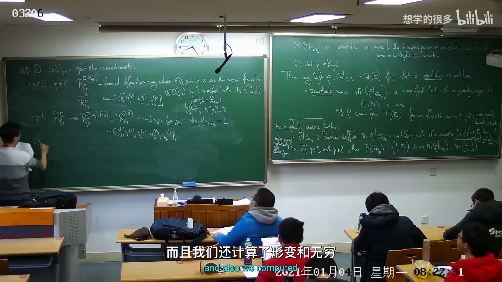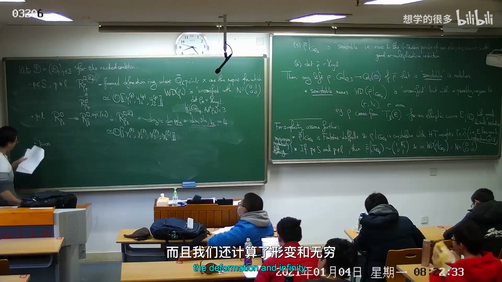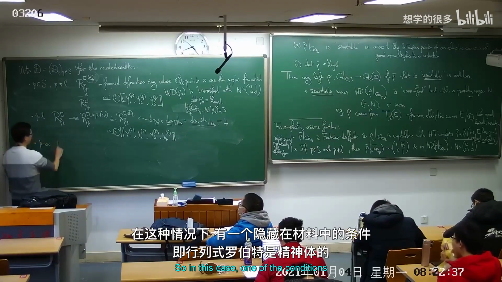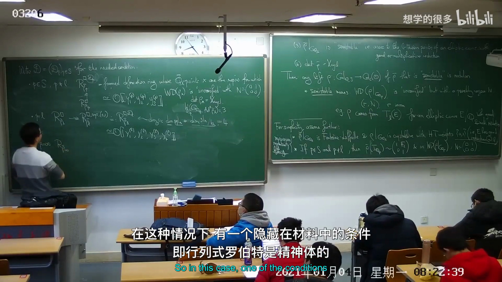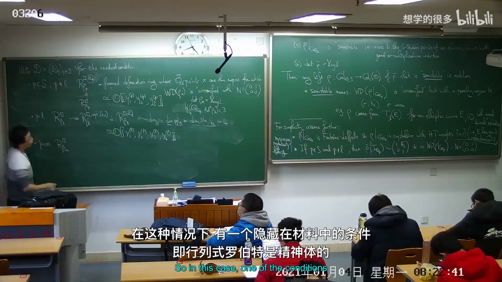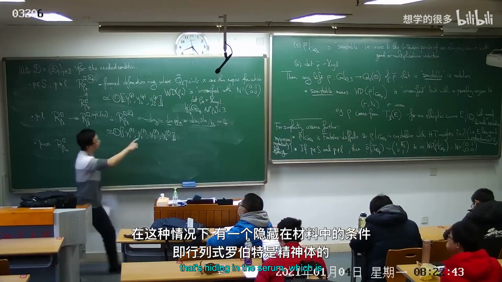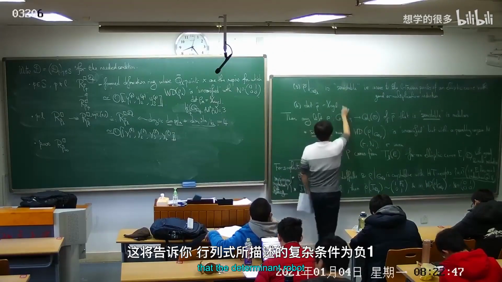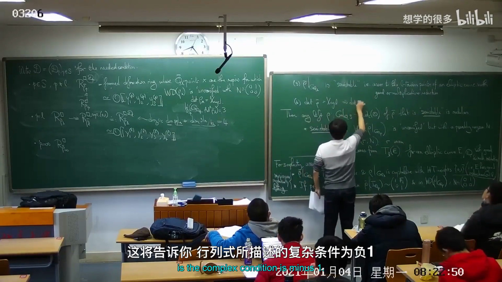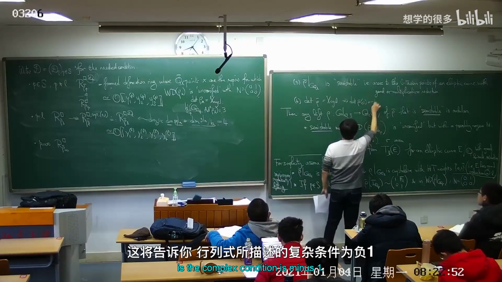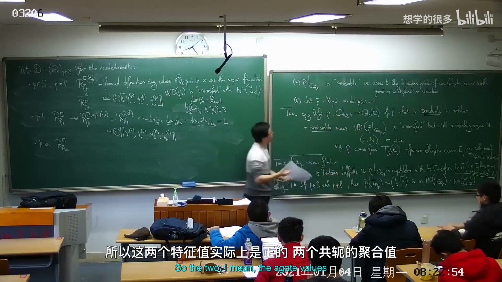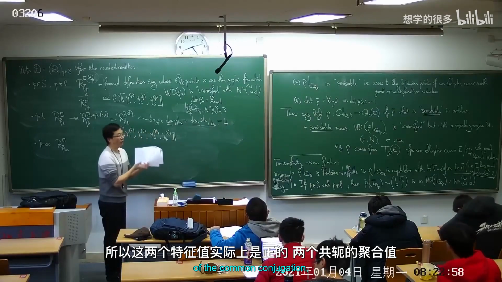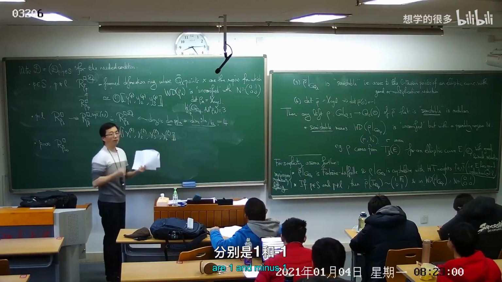And also, we computed the deformation at infinity. In this case, one of the conditions that's hidden in the theorem, which is that determinant rho bar being cyclotomic, will tell you that the determinant of rho bar on the complex conjugation is -1. So the two eigenvalues of the complex conjugation are 1 and -1.